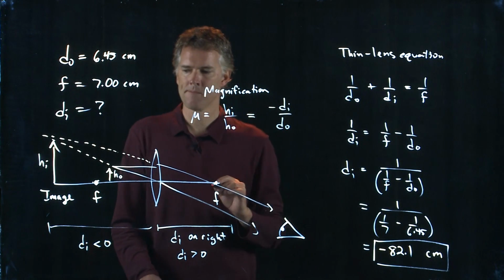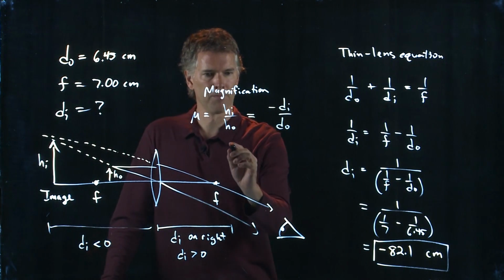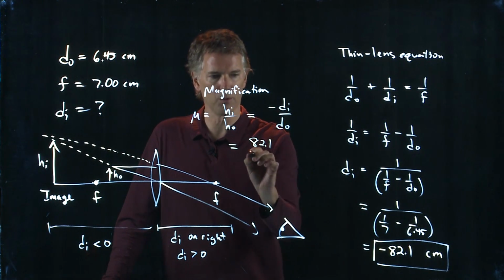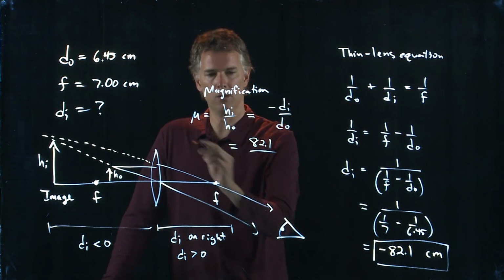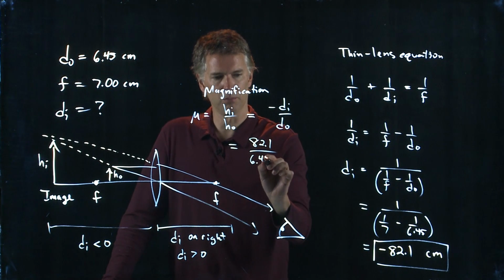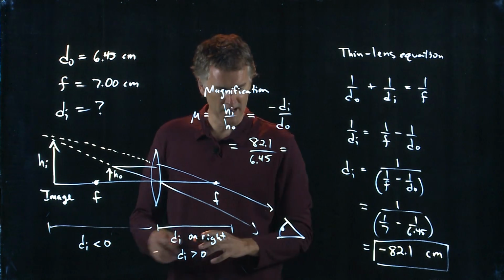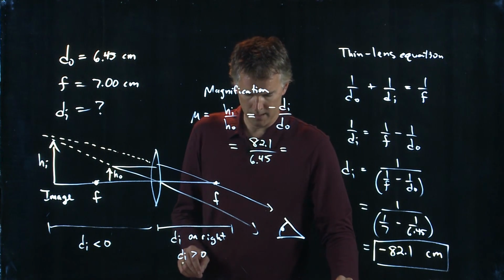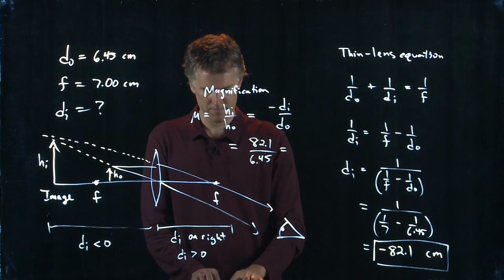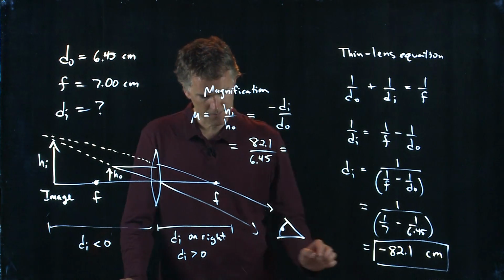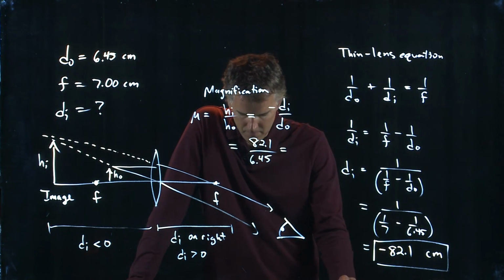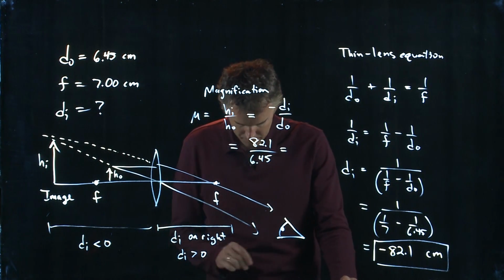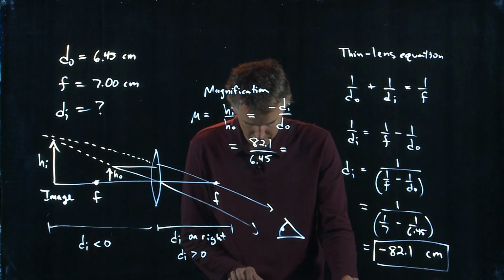Okay? And now we have all those numbers. Negative DI means positive 82.1 centimeters. DO, they told us, 6.45. So if I divide 82.1 by 6.45, let's see what we get. Let's add one more parentheses here so we know we're doing it right.